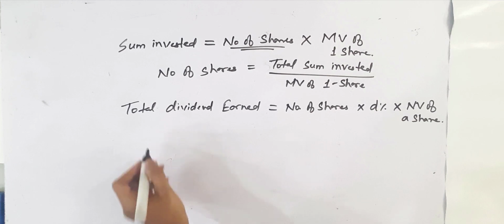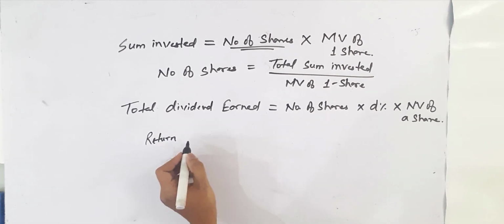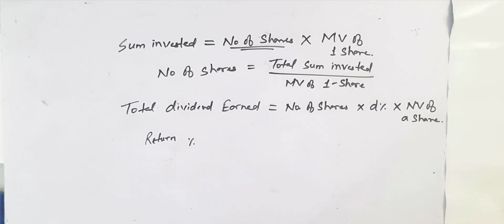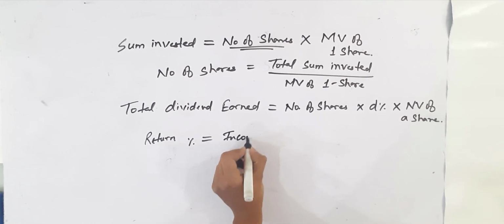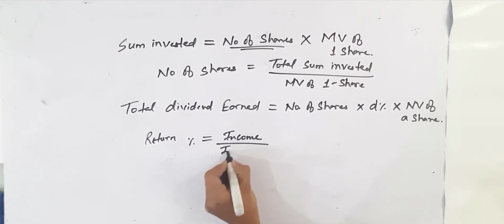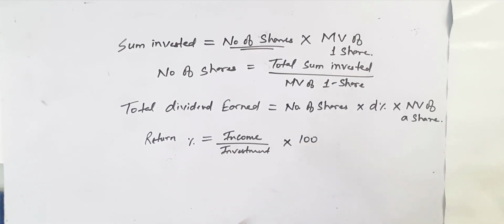Now there is a return percent. Return percent is basically the income a person gets out of his investment. So it is income upon investment multiplied by 100.